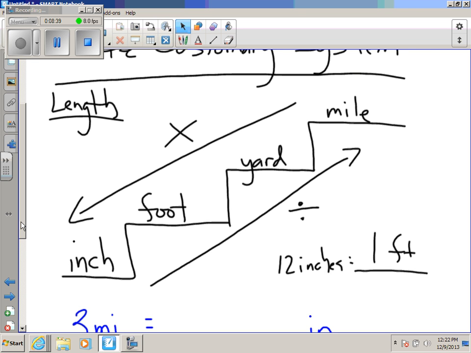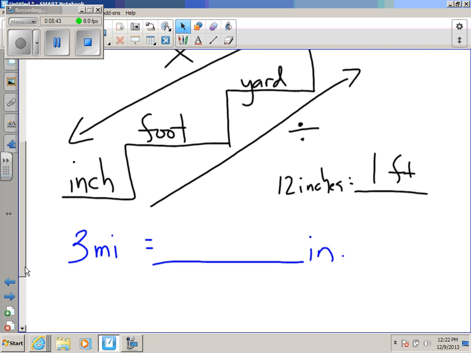So let's go miles to the next one down, yards. Or do you know how many feet are in a mile? So we can kind of skip the middleman and say 3 miles is equal to how many feet? How many feet are in a mile, Alex?